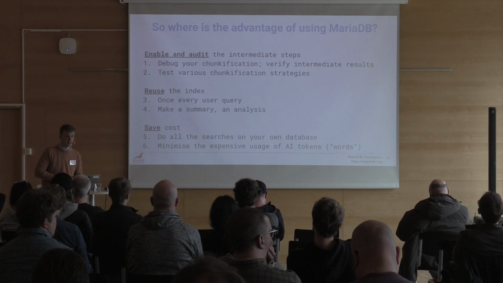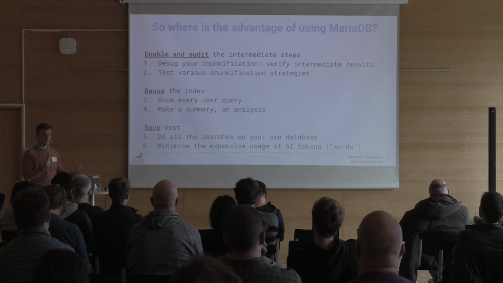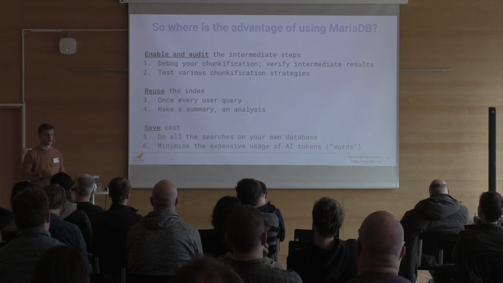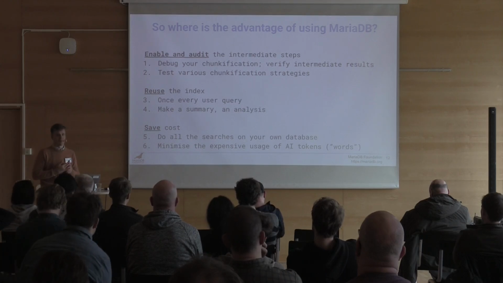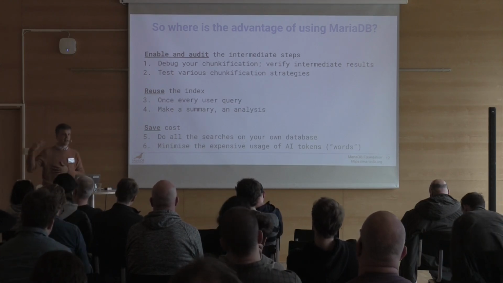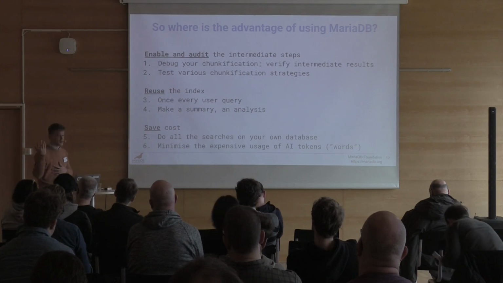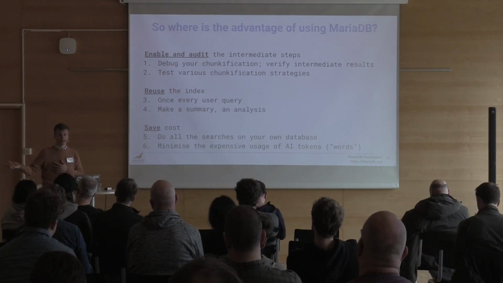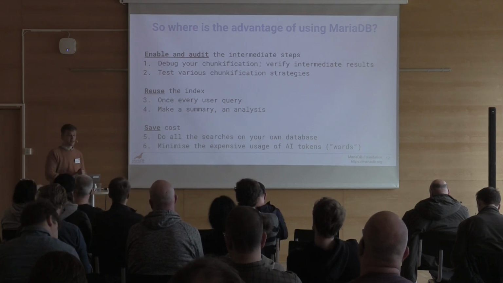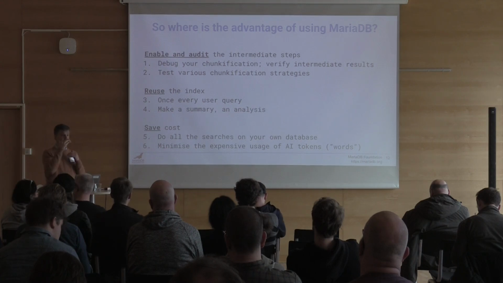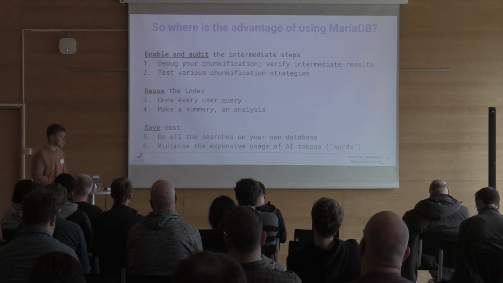And this point 6 is also important. Those that have been using AI with API, you know that tokens can get very expensive. So the smaller context you have, the less it costs. So Google Gemini has a 1 million token context window, which is great if you perhaps do it once, but if you're building an AI app where you want people to be constantly doing queries, then you want to feed quite a small bit of information with that to the LLM each time the user is asking something.